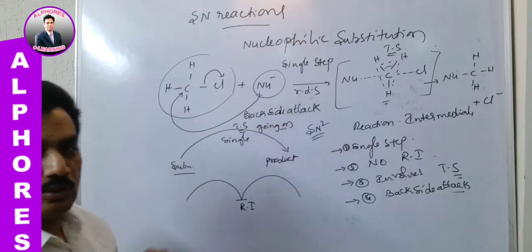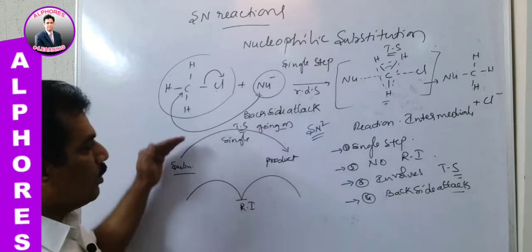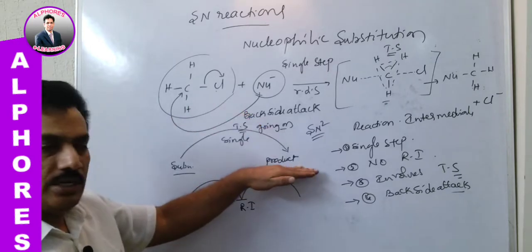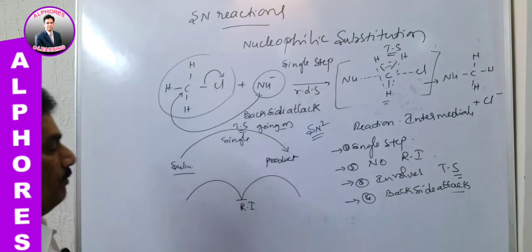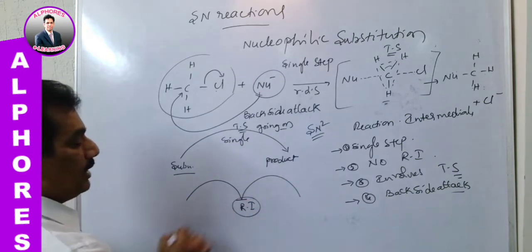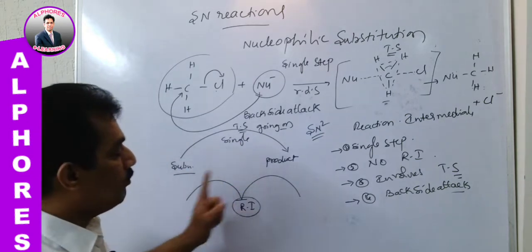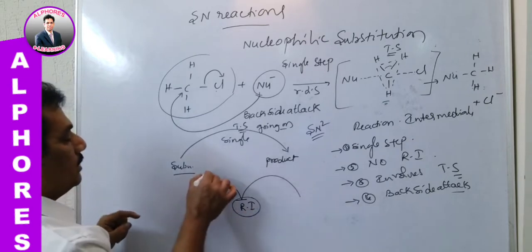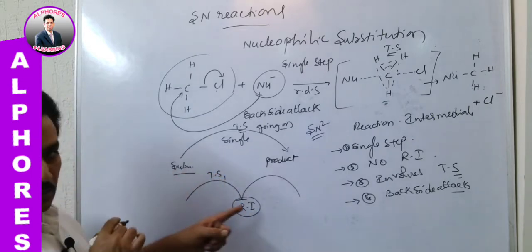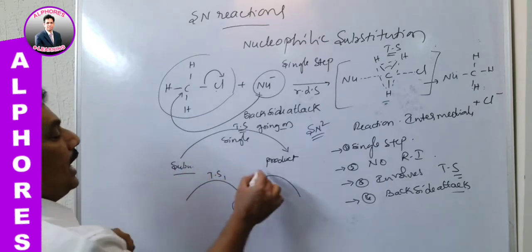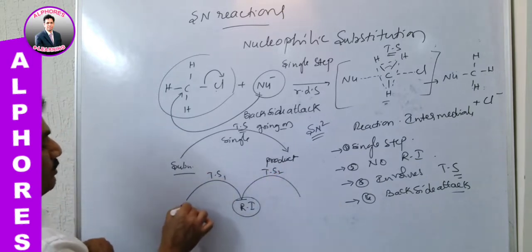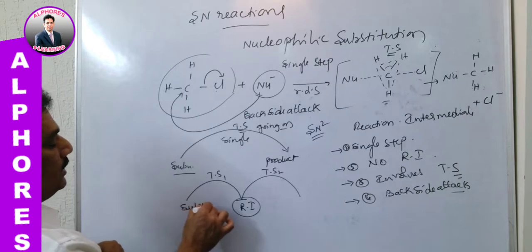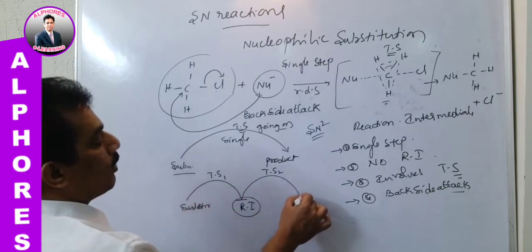It is not possible to stop in the air; it will go on until the destination is reached. And when such going-on stages involve a reaction intermediate, that means two steps, here going-on stage 1 is transition state 1, and transition state 2 will be present when the substrate or reactant is converting into product.